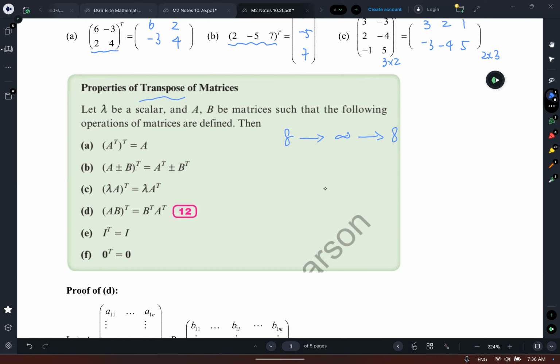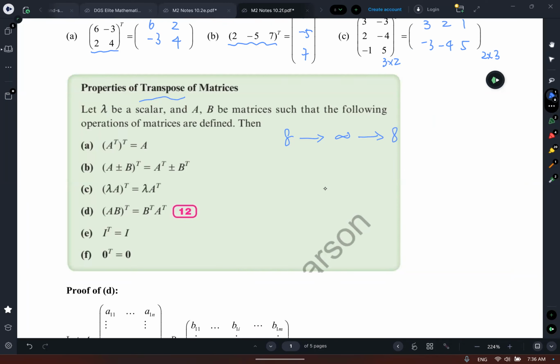I would say that the transpose of the sum is equal to the sum of the transposes. Also the difference, but let's talk about the sum. This may not seem very obvious, but using an example, it should be easy.